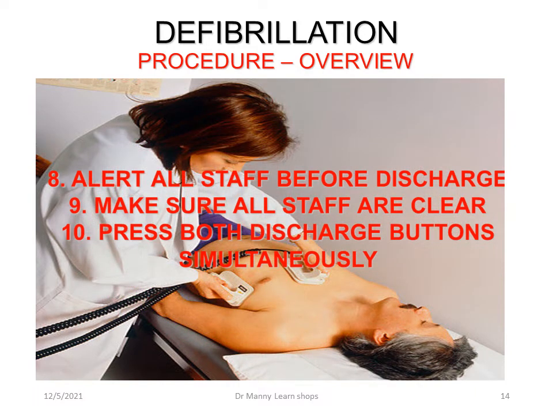Then alert all the staff before the discharge. Tell everybody clear. Look to see that they're clear. You don't want to injure your colleagues. Then, when everybody is clear, including yourself, press both the discharge buttons simultaneously, otherwise it won't work.